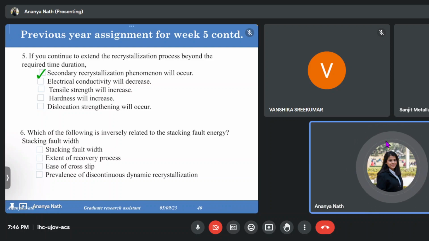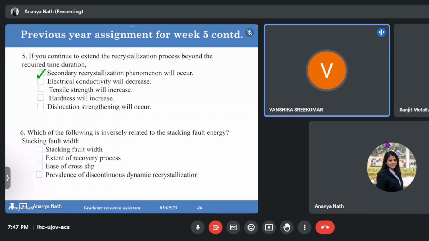But you cannot directly comment on the relation between electrical conductivity and the dislocation. To find out the exact relationship, if you want to know, I will see if I get any reference in which you can get a particular relationship between electrical conductivity and the dislocation. I'll find it. If I get it, I'll share it with you. Sure. Thank you.